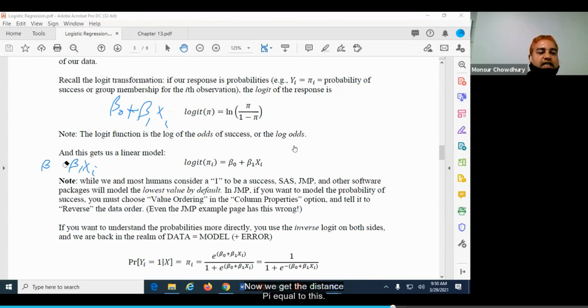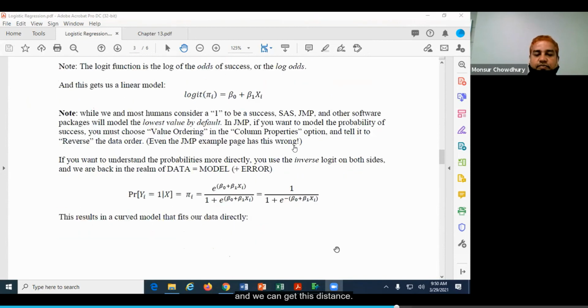Now we get pi i equal to this. If pi i equals this, then we can get this by simply dividing here. So this results in a curved model and fits our data directly. What is pi i? Pi i is the probability of success. So we can say the probability that y equals 1, conditional on x.